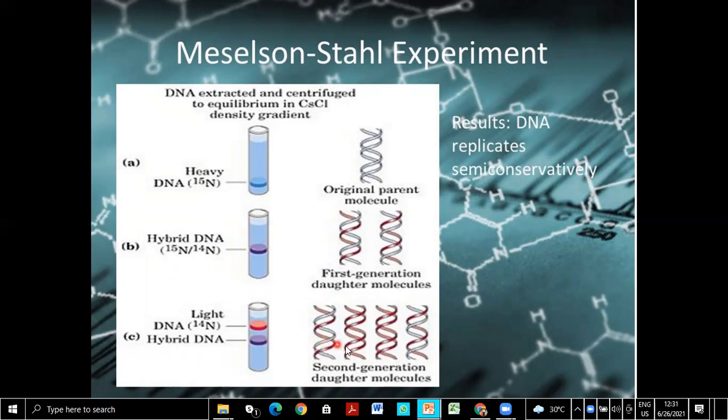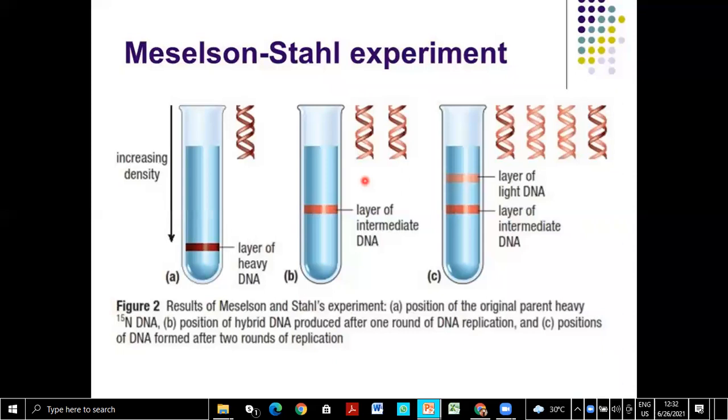So this is the second generation. By this experiment, Meselson and Stahl proved that DNA replication is semi-conservative. That was the result of this experiment. So without doubt, it is proved that DNA replication is semi-conservative.